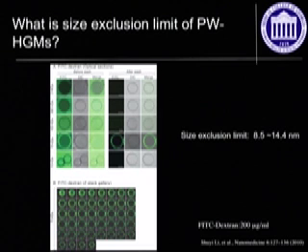But if the size is bigger, like 500, it's partially internalized. If even bigger, it cannot internalize. That's excluded. That means the size exclusion limit is about 8.5 to 14.4 nanometers.